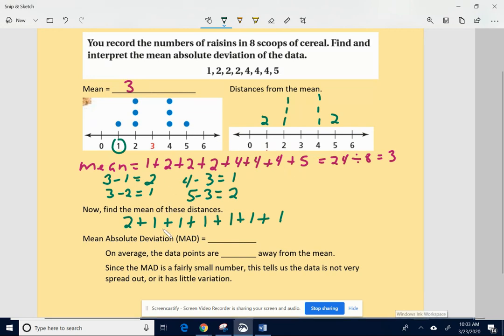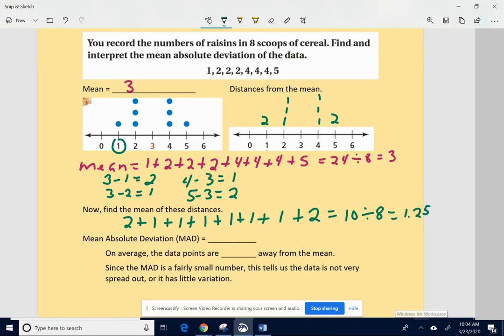Do I have 6 altogether? And then we have the 2. So that's 3, 4, 5, 6, 7, 8. That's 10, divided by 8, because there's 8 distances. We're going to get 1.25.